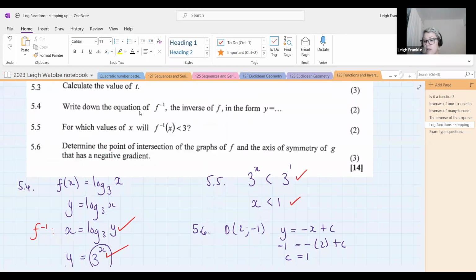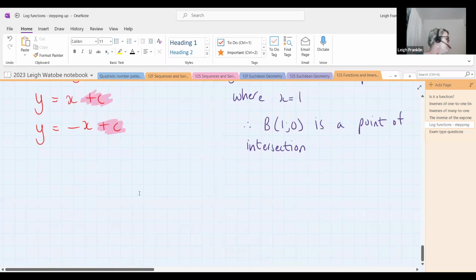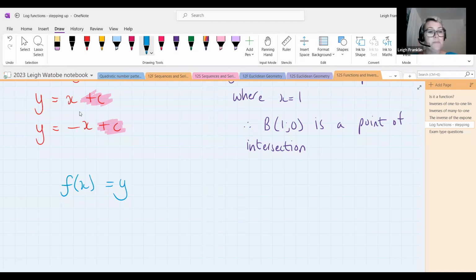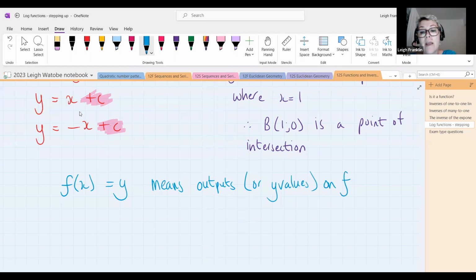Let me just point this out to you. You probably know this already, but you know that f of x means y, doesn't it? So it means the outputs, or y values, on f.